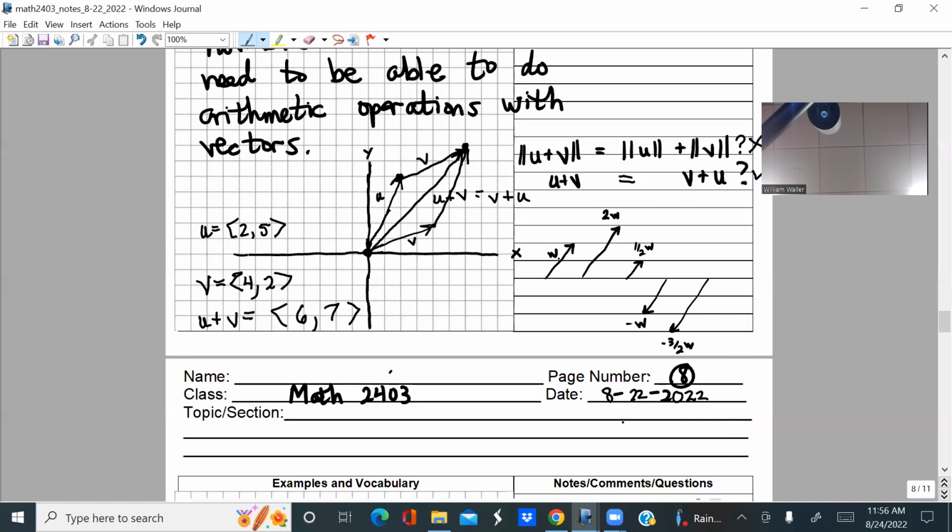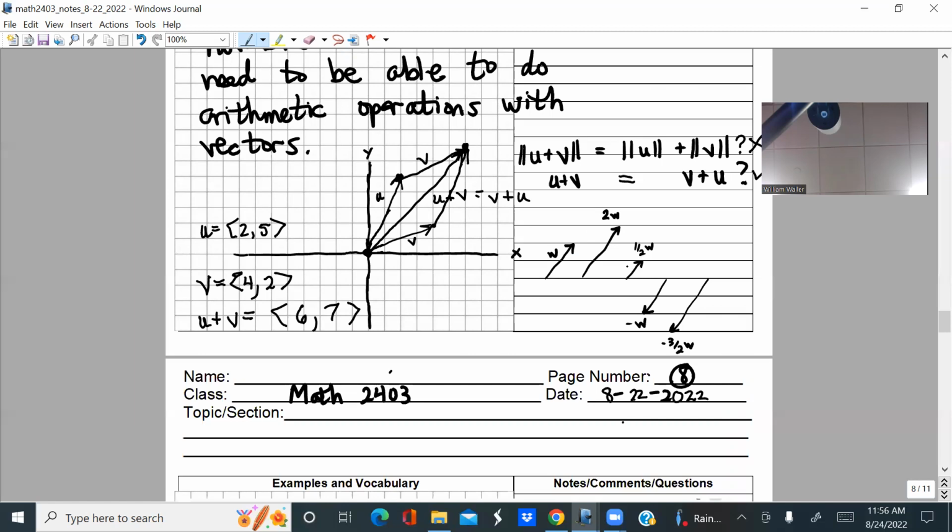So if you were to take the vector W and multiply it by 2, you're in effect going to double the length of the vector. Or if you multiply W by 1/2, you're going to cut the length of the vector down by 50%, you're going to halve the length.